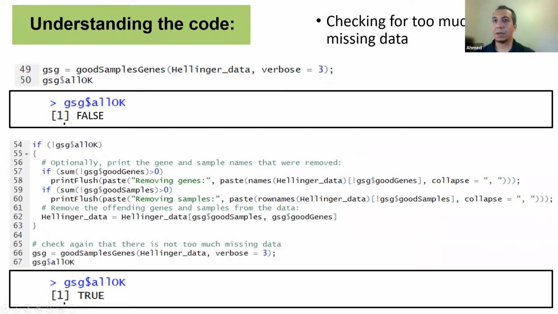Okay. So this is just, again, cleaning your table, and then you test again. And if it gives you true, then most probably you are ready to go. You remove the offending samples, you remove the offending genes, and you still have enough data to proceed with building the network.